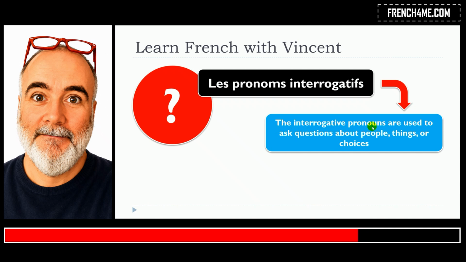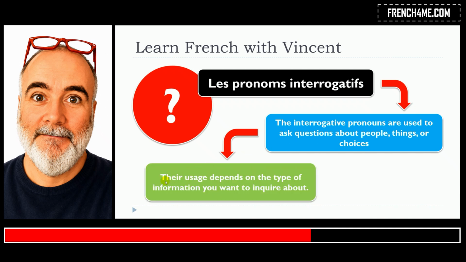The interrogative pronouns are used to ask questions about people, things, or choices. And the second thing, their usage depends on the type of information you want to inquire about.